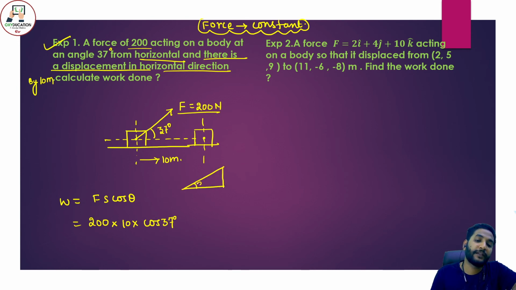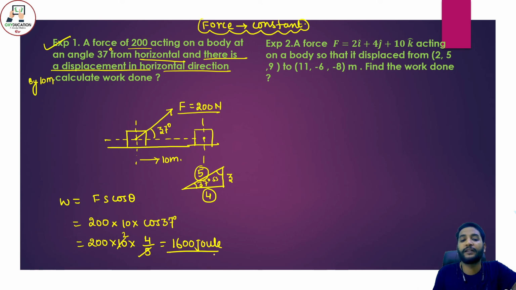If this angle is 37, this must be 53, और 37 के सामने वाला साइड सबसे छोटा 3, then this is 4, this is 5. For cos 37, this is base and this is hypotenuse. You can put the value, that is 200 into 10 into 4 upon 5. 5 से मल्टीप्लाई करो, 4 दूना 8, दूनी 16, 1600 joule of work is done here.